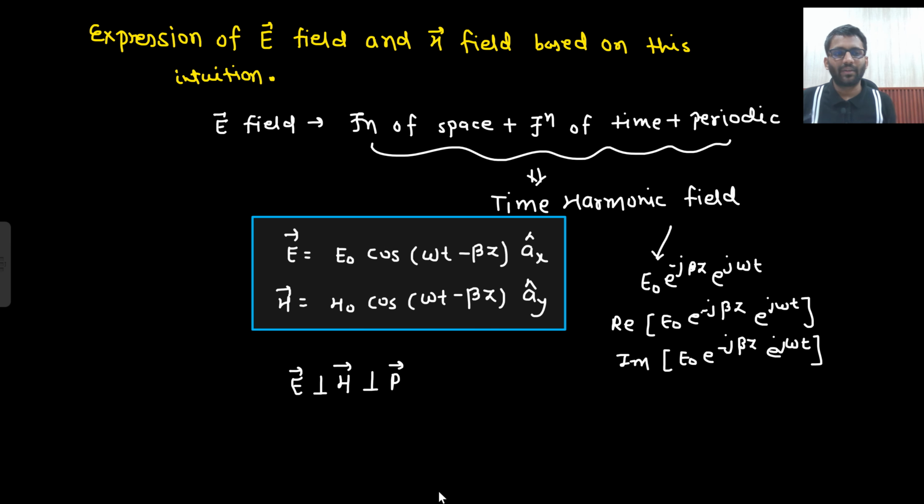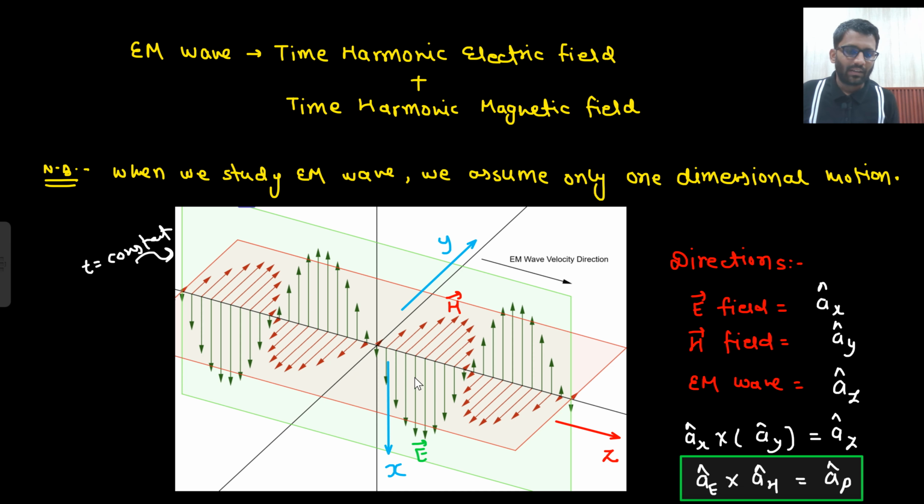Did you understand this statement? If the direction of propagation is z, then certainly there will be no component of electric field or magnetic field in z direction. Direction of propagation was z. The electric field is in x direction and magnetic field is in y direction. They are propagating in z direction, but their components are in x and y. So if my wave is propagating in z direction, then my component could be in either x direction or y direction.